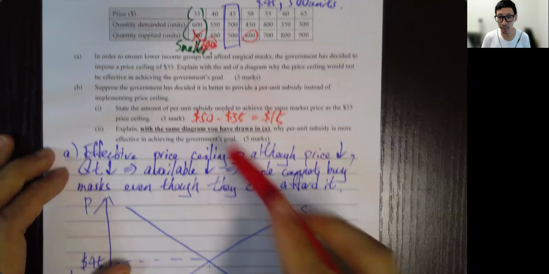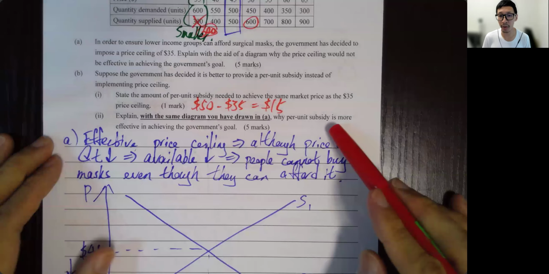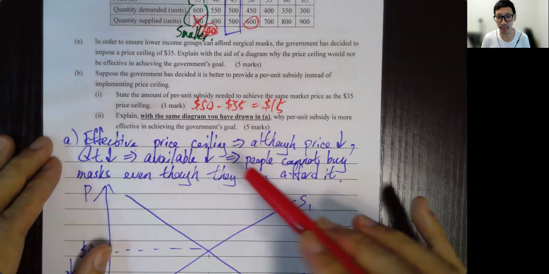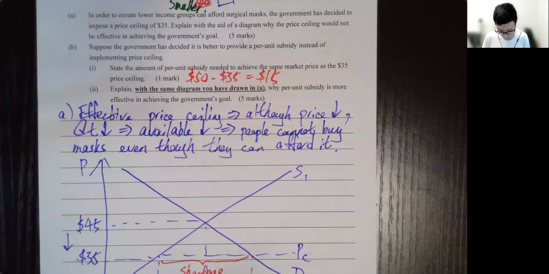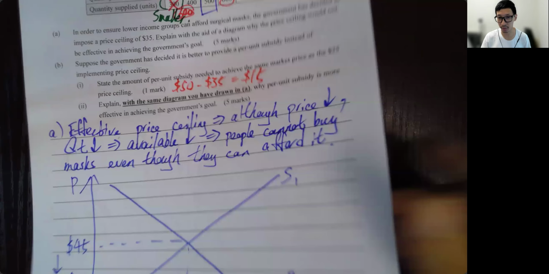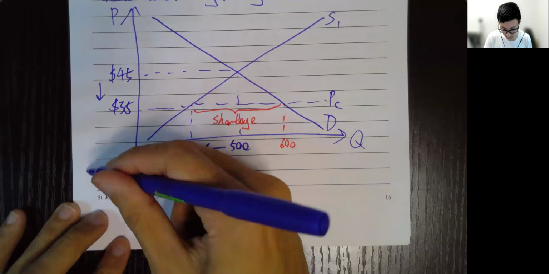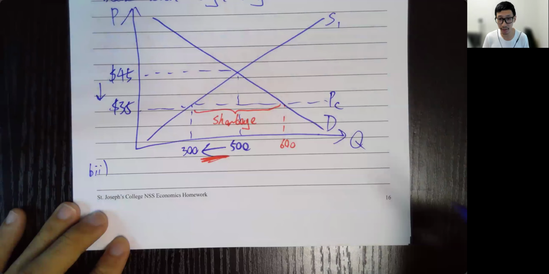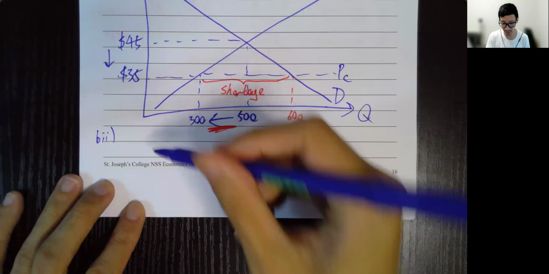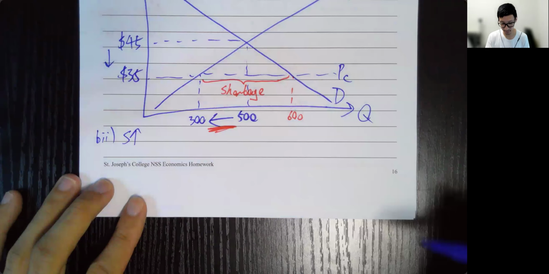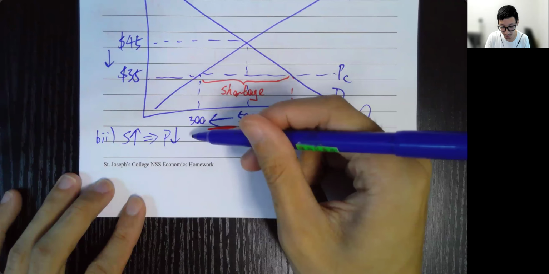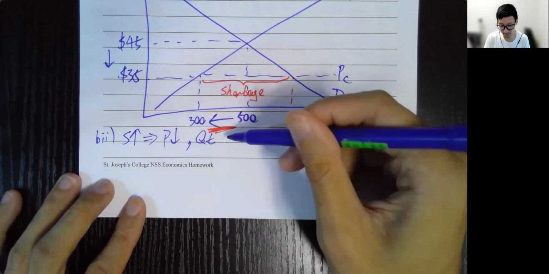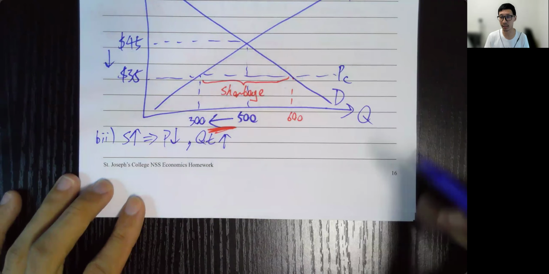Okay, now we need to explain why per unit subsidy is more effective in achieving the goal. Now, let's start with the logic down below. Down below B2. The thing is with a subsidy, supply would increase, therefore price would drop, but at the same time quantity transacted will also increase.